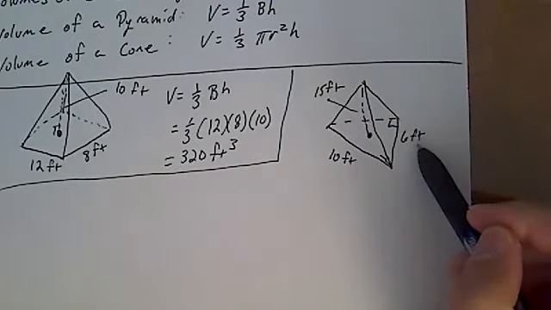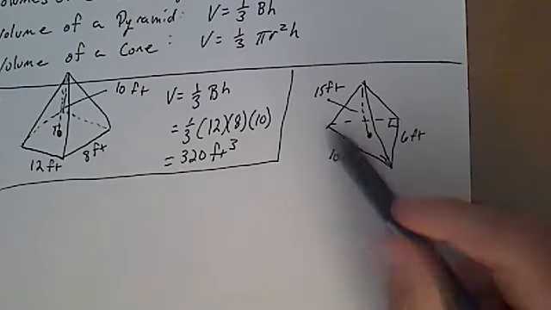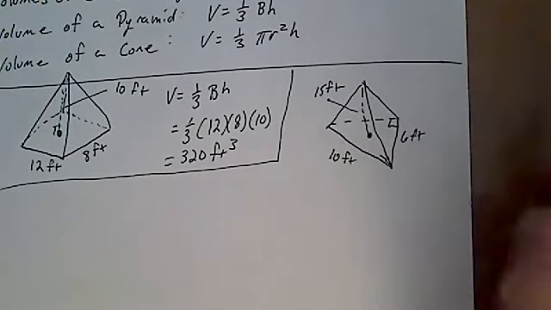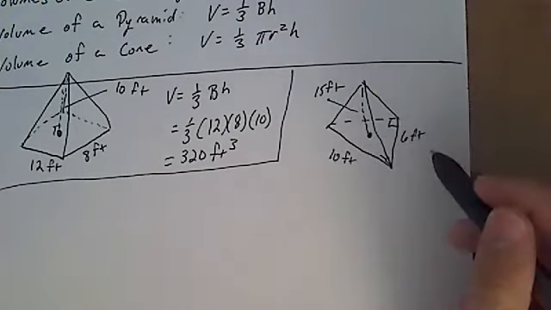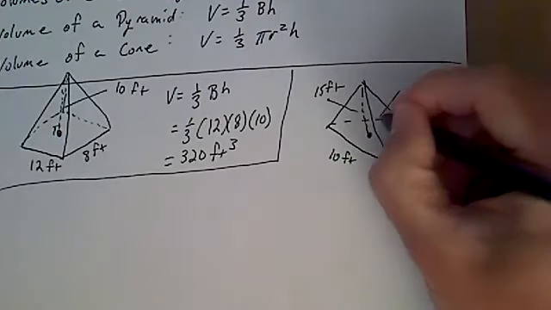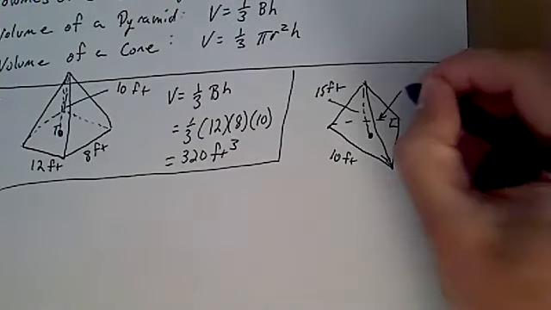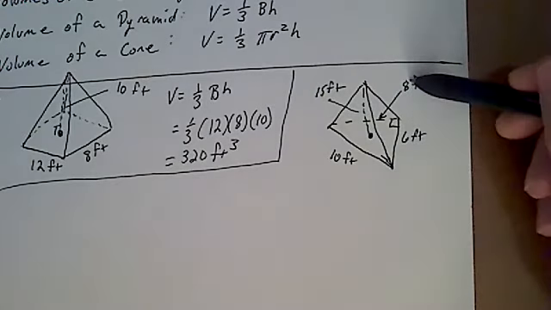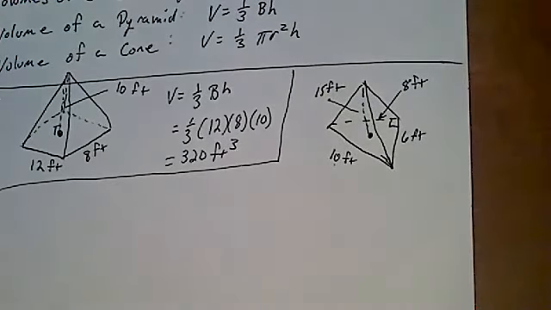Now, hopefully you recognize that with a hypotenuse of 10 and a side of 6, this is very similar to one of our special Pythagorean triple triangles, right? So what is the length of this side? Well, it must be 8 feet, because 6 squared plus 8 squared is 10 squared.